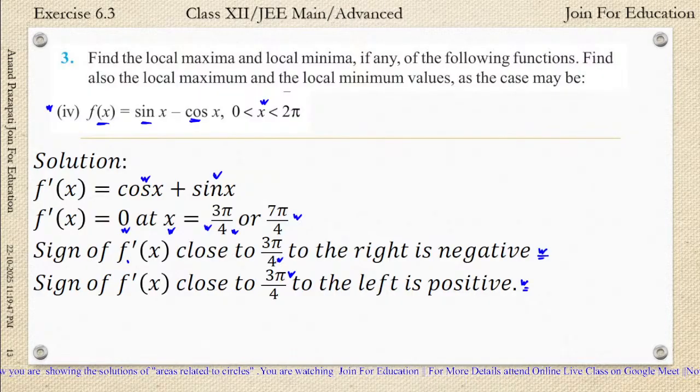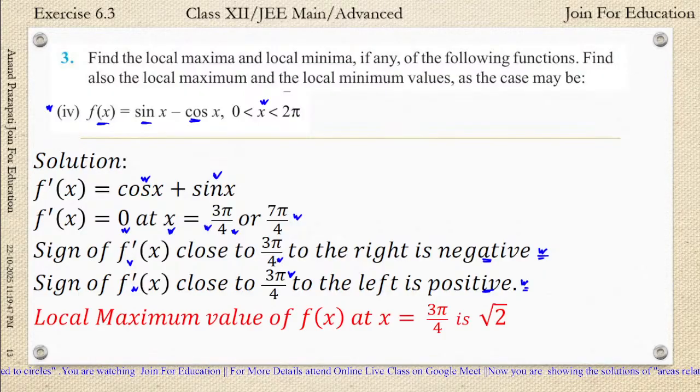Sign of f dash x changes from negative to positive when we move from right to left. Therefore, local maximum value of fx at x equal to 3 pi by 4 is root 2. I hope there is no problem to understand up to this step.